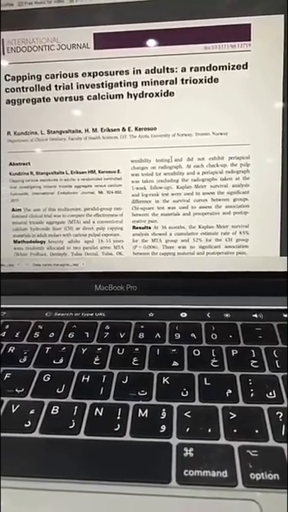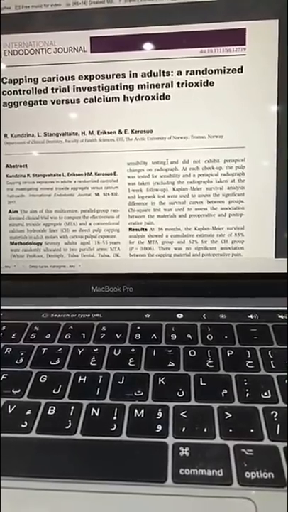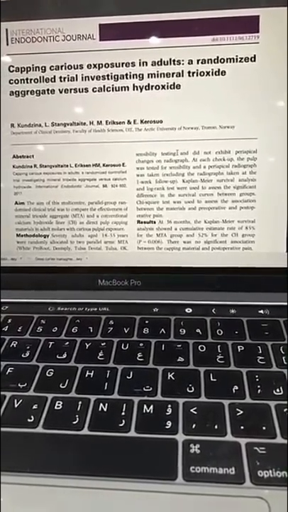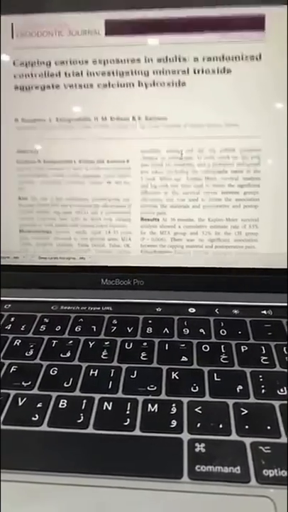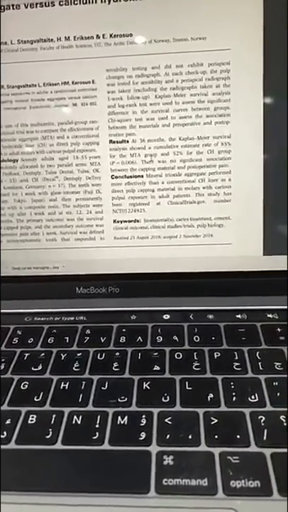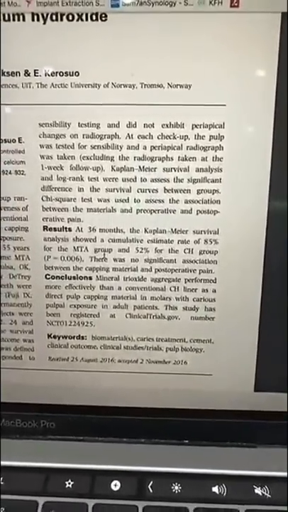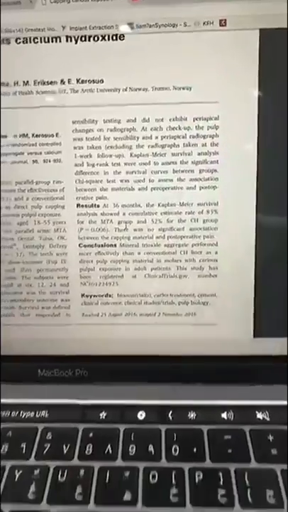This is another study that was recently published, a randomized clinical trial to compare MTA to calcium hydroxide, and what they showed that after 3 years, the success of MTA is 85% compared to 52% to calcium hydroxide.